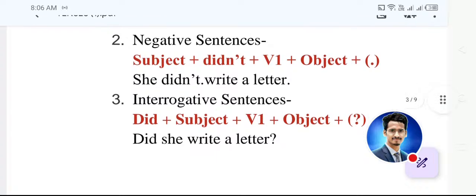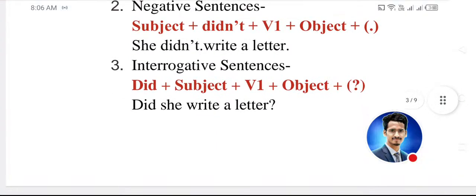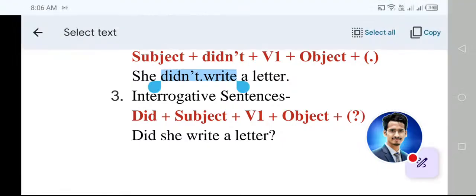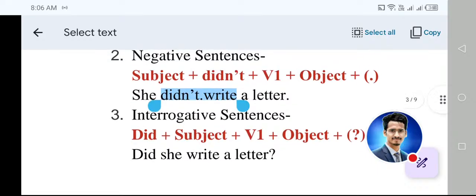So it is very clear why here I use write, because did means past. I don't need to mention another time in the sentence, because did means past. If I say she doesn't write a letter, then does and do mean present indefinite, and did means past, which is why this sentence is past indefinite.